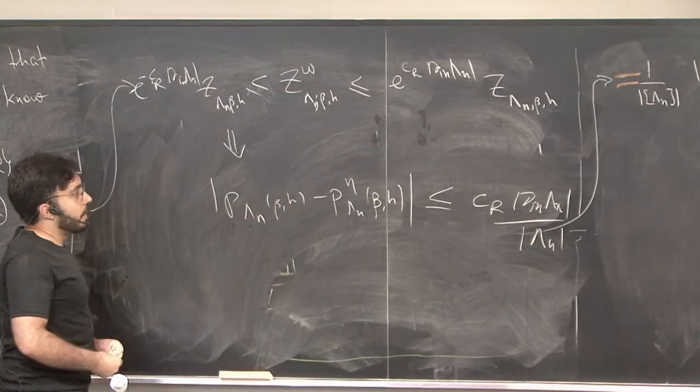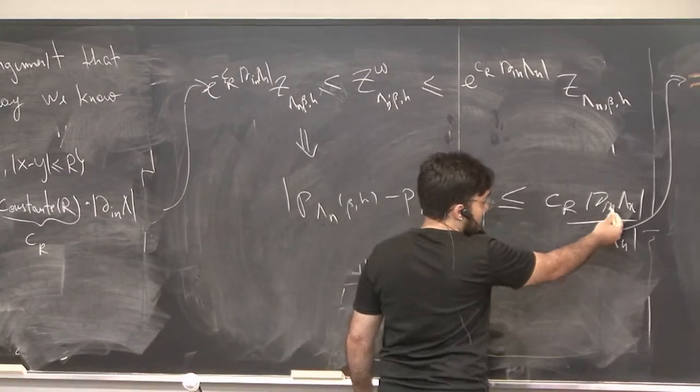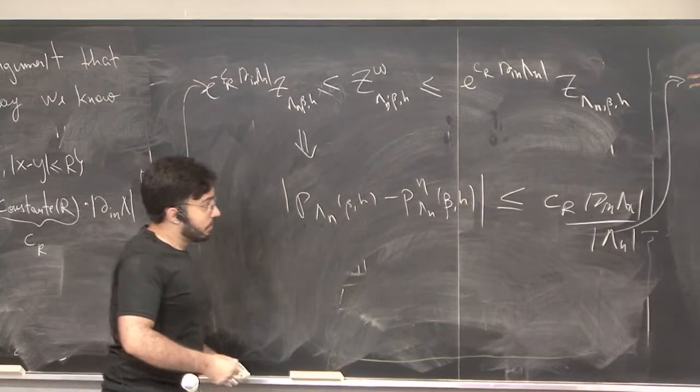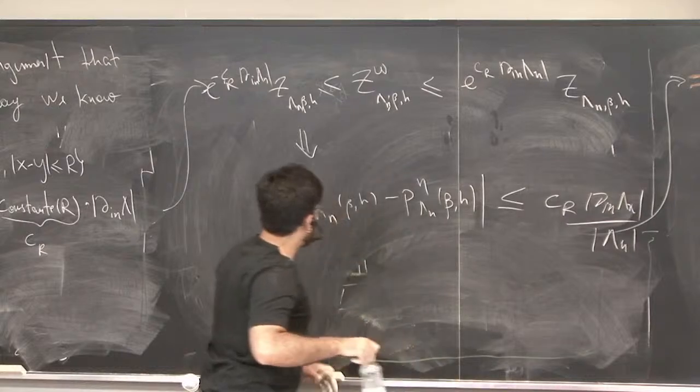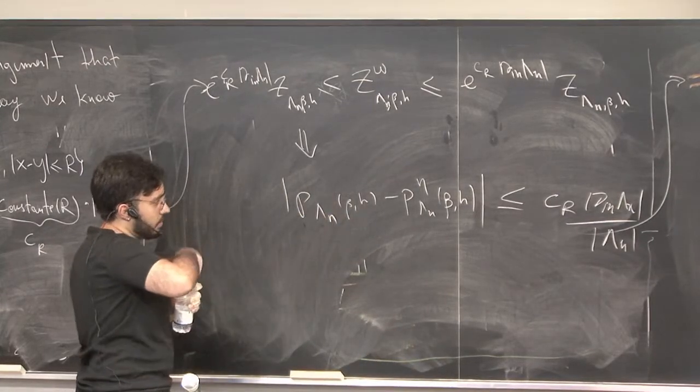So again, by using the fact that this sequence satisfies the Van Hove property, we get that these sequences are converging to the same place.